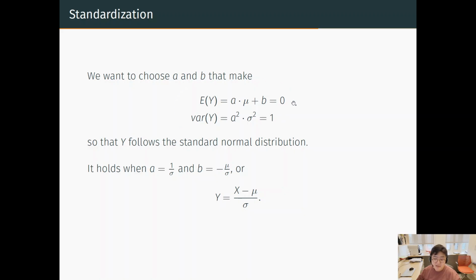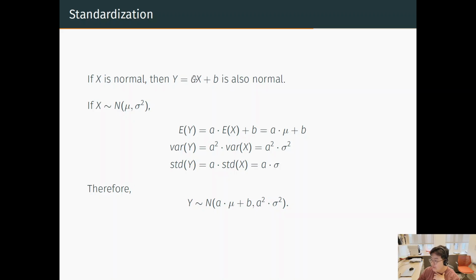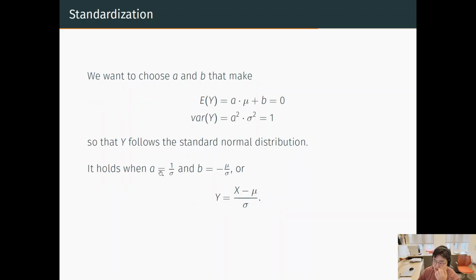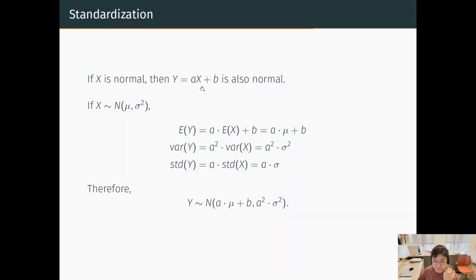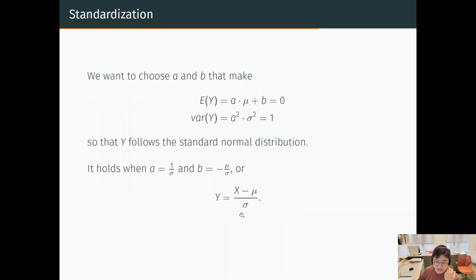It is easy to see that when you transform like this, you may choose a and b, but if you designate a as 1 over sigma and b as minus mu over sigma, and plug them into this transformation, y is x minus mu over sigma.